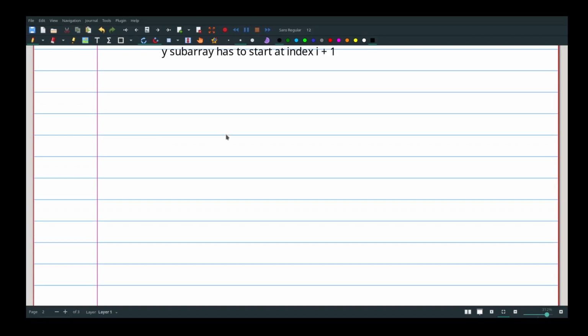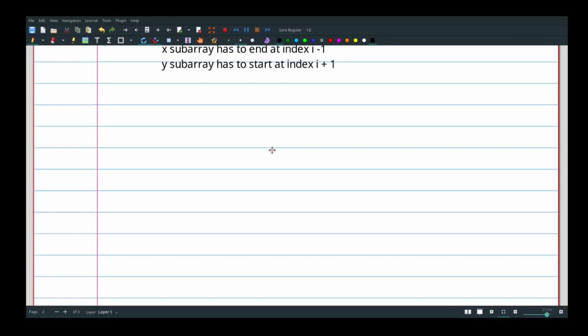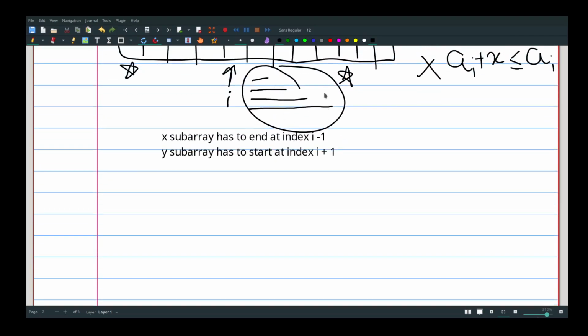But how do we exactly check for all of these values? Because if we checked it the naive way, it will end up taking O of n time for each index, which will give us O of n squared again. As you can see, this is a range of elements, and these values correspond to prefix sums.